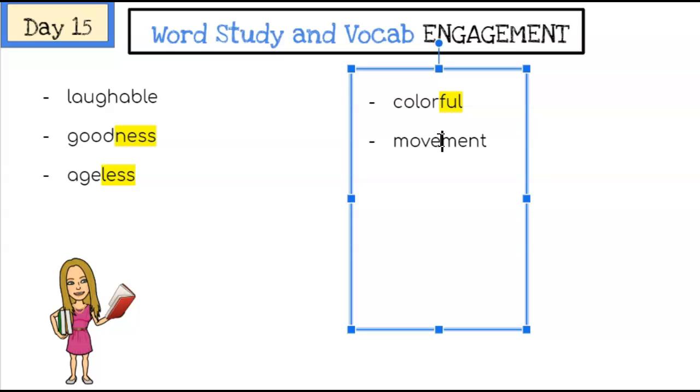And finally, we have movement. Meant is our suffix. And this word indicates an action. Now it's your turn to take a few minutes and think about words that have suffixes. When you're ready to compare your answers to mine, press play.